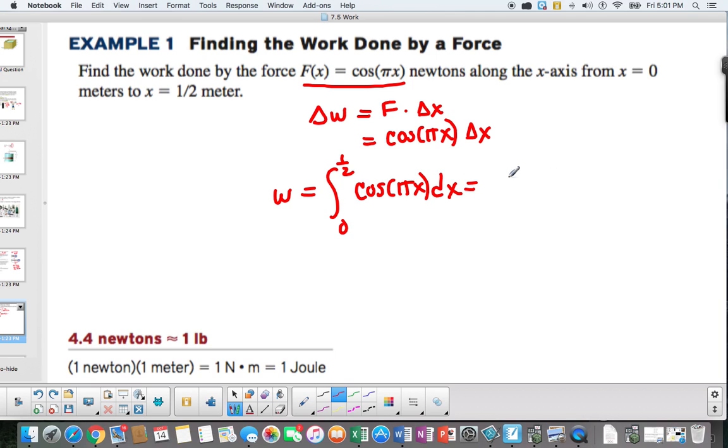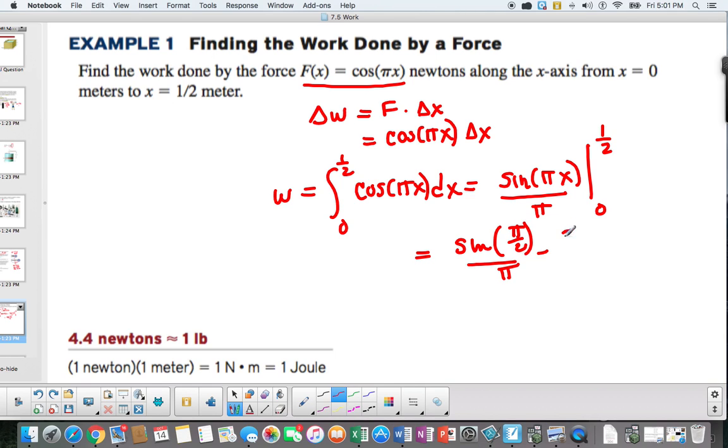The antiderivative will be sine of pi x divided by pi, evaluated from 0 to 1/2. This is going to be sine of pi halves over pi minus sine of 0 over pi.